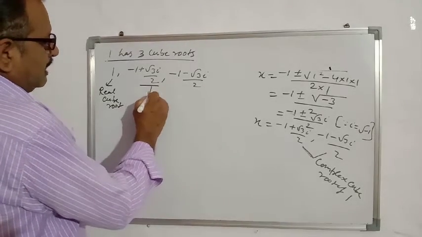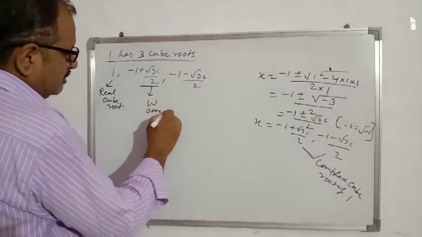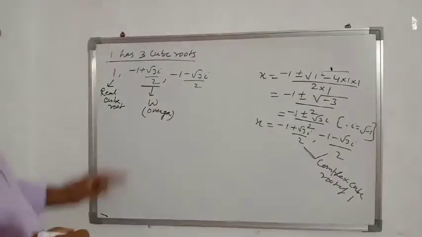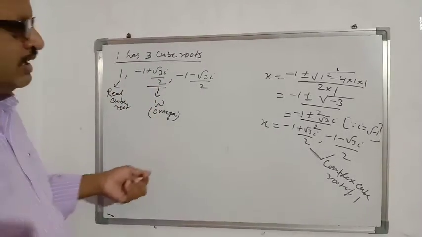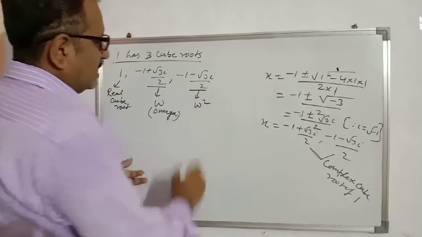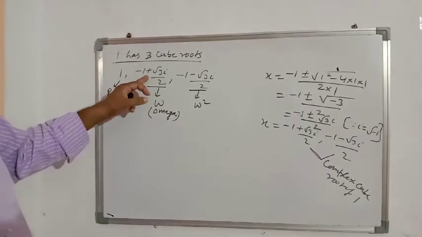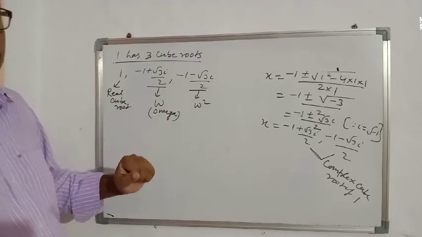It is denoted by the symbol omega. Minus 1 plus root 3i by 2 is denoted by the symbol omega, and this one is denoted by omega square. If we take the square of omega, we will get minus 1 minus root 3i by 2.